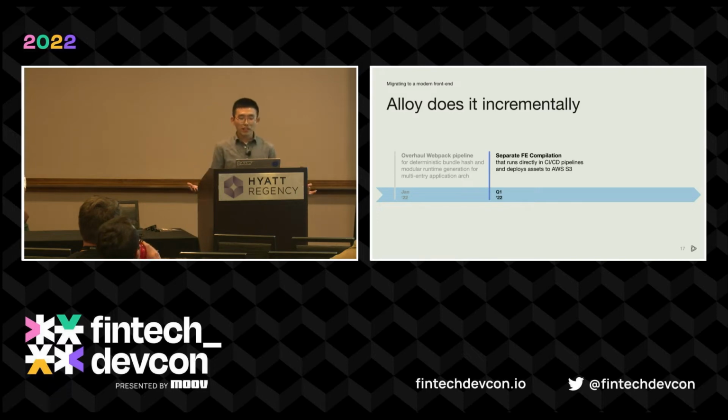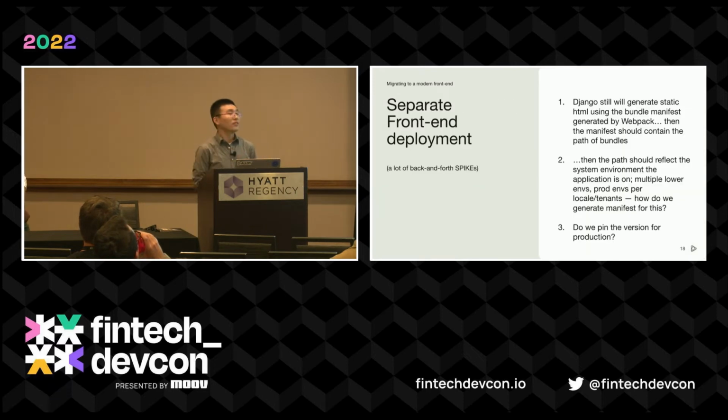Well, what's the big deal of that? Let me dive into the details. We actually spent a lot of spike research in this step because the Django dashboard service will still generate the static HTML, using the bundle manifest generated by Webpack.